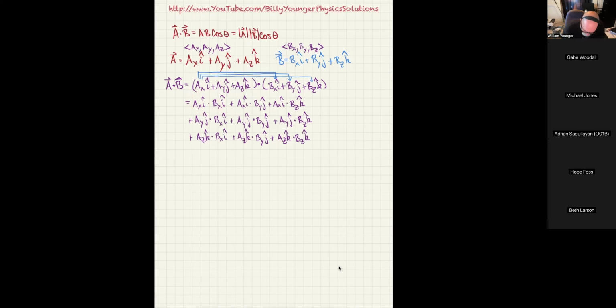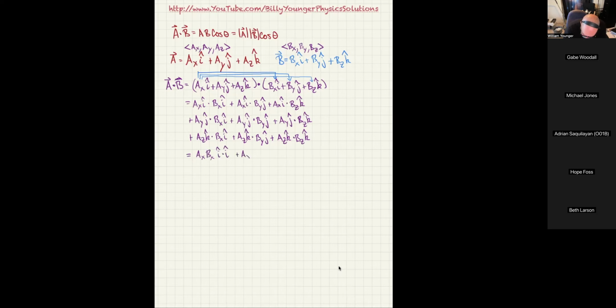And when you look at it this way, you can actually see what it's ultimately going to turn out to be. So again, I'm using the linearity property, and I'm going to write a_x b_x i-hat dot i-hat. So that's just from that first term.